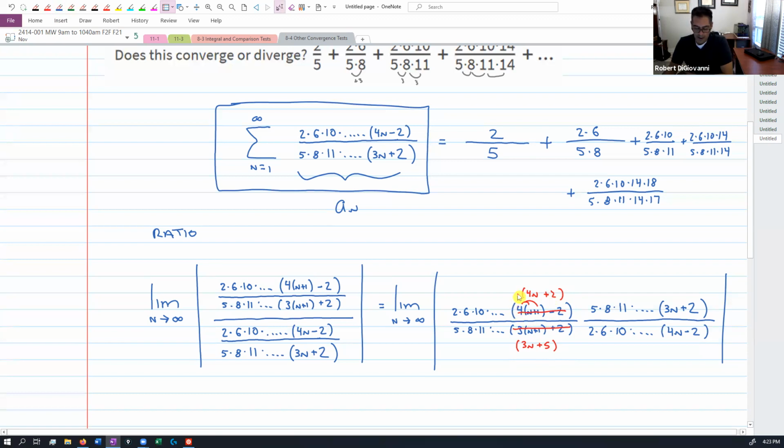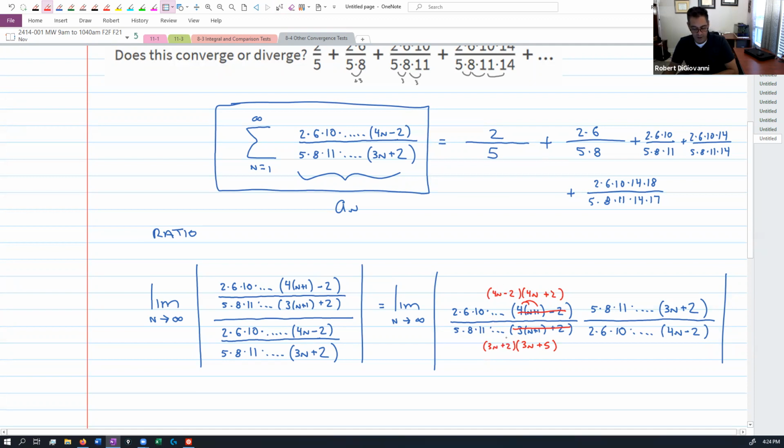Now, remember, the way this works is that these keep going up by 4 each time. So if I go backwards, the one before this would be 4 less than this. So if you take 4 away from that, you get 4n, take away 2. This one, they go up by 3. So if I were to go backwards on this one, I would take 3 away. So 3n plus 5, take away 3, you get plus 2.